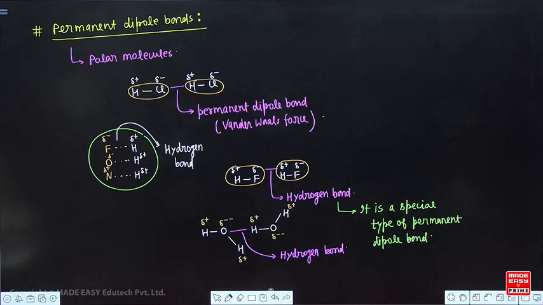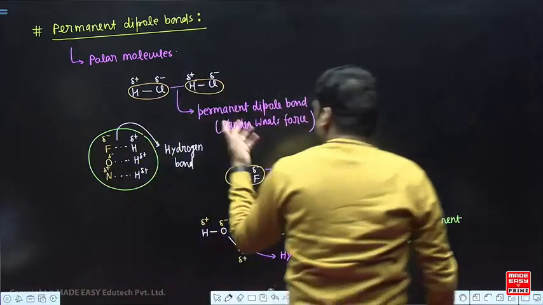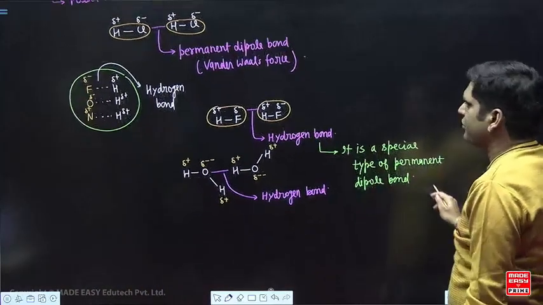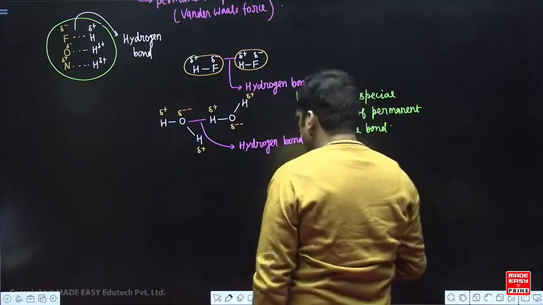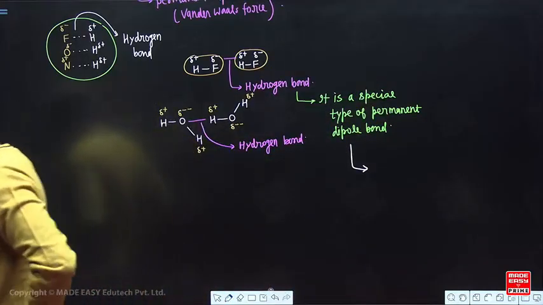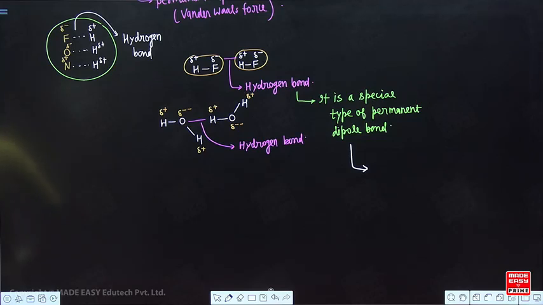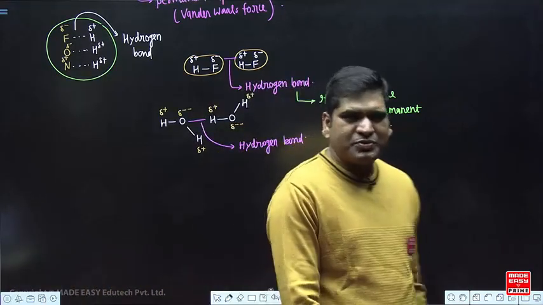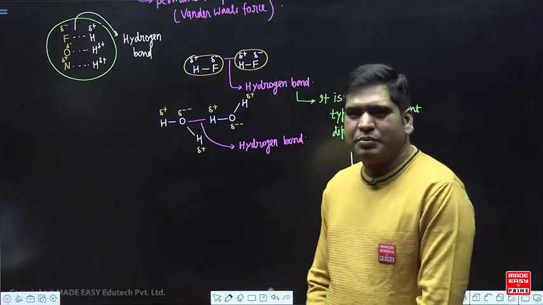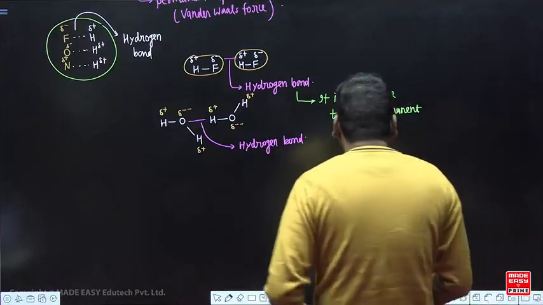You can write the bonding energy. सब कुछ बोर्ड पर लिखा गया है, so I'm not wanting to write. Bonding energy in hydrogen bond is 51 kilojoule per mole. So if you compare with the primary bond, it is very small, but among all the secondary bonds, it is a higher one.